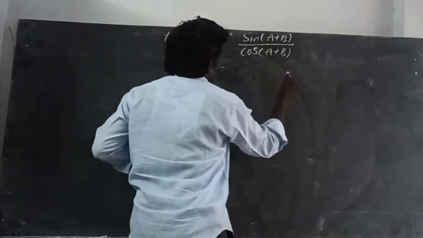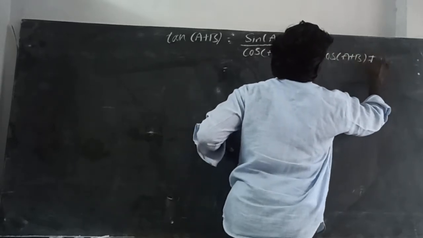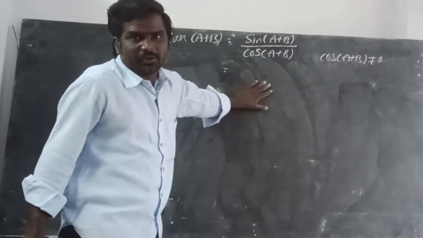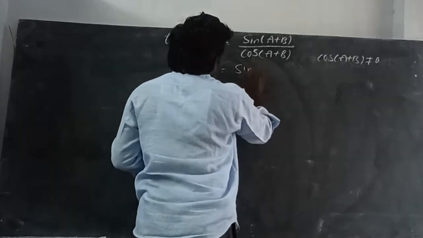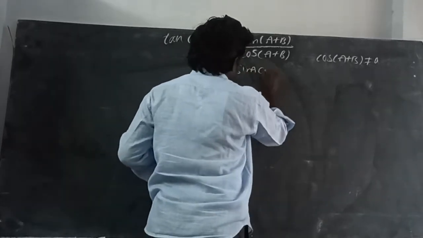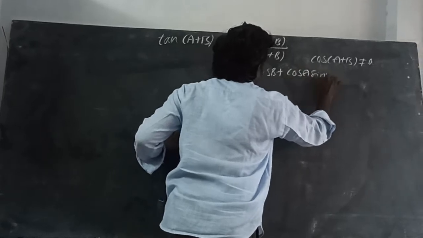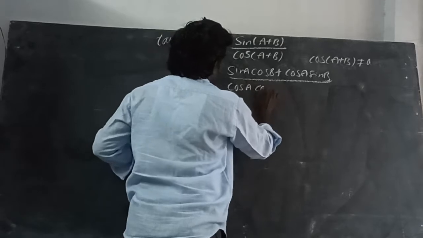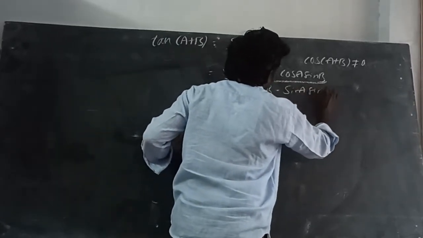Here the cos of a plus b is not equal to 0, which means cos a cos b is not equal to 0. So that is sin of a plus b. What is the formula? Sin a cos b plus cos a sin b by cos a cos b minus sin a sin b.